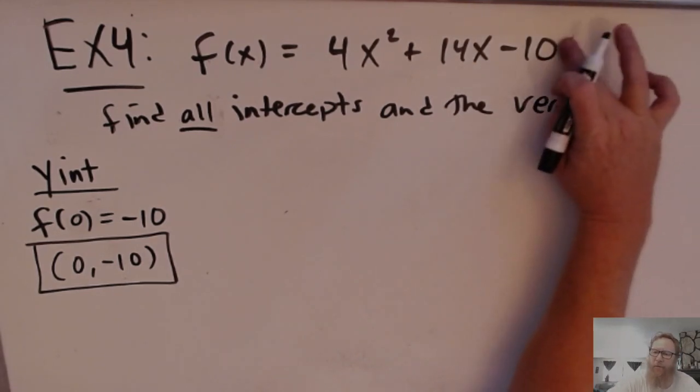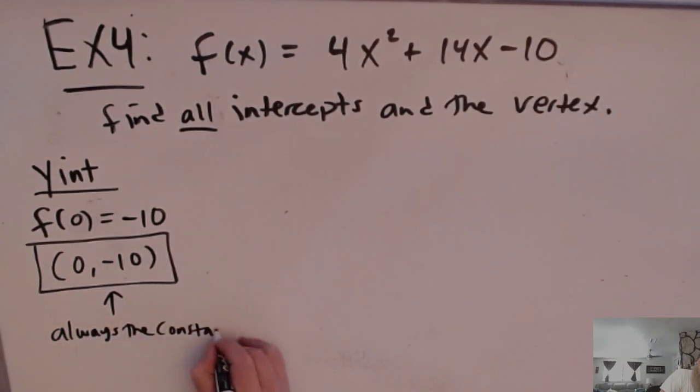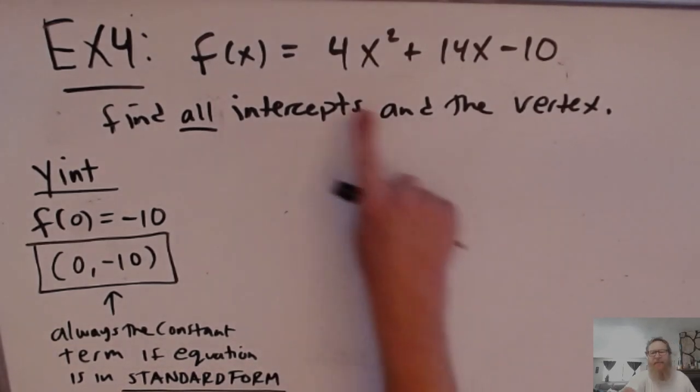So the y-intercept is always the constant term if the equation is in standard form. And this is in standard form.